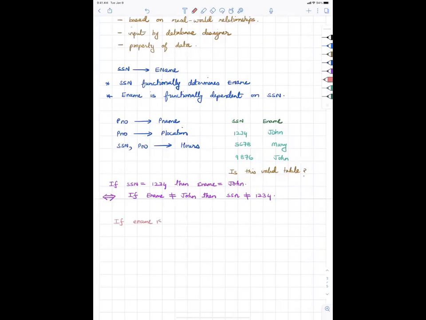That is not what SSN goes to e-name states. These two are both equivalent.